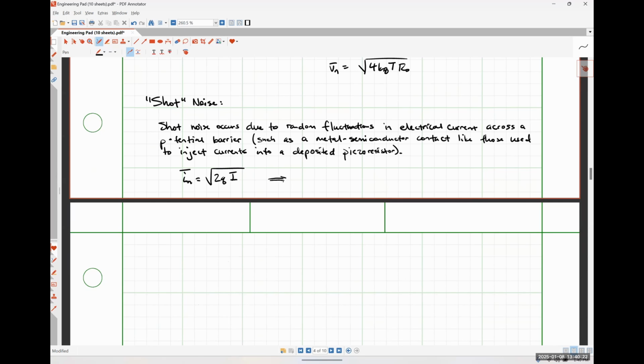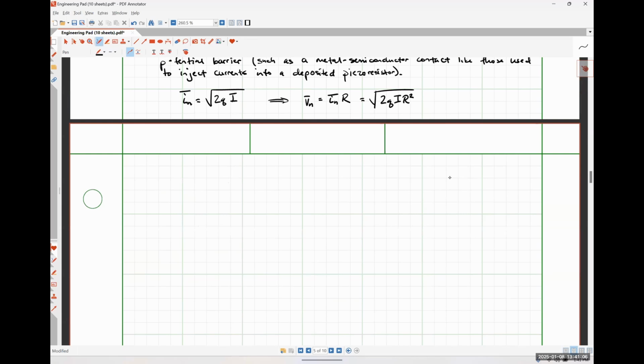And we could turn this into a voltage noise signal by simply saying that our voltage noise spectral density is just our current noise spectral density times our resistor value, or in other words, 2qI times R squared. This shot noise can be greater than thermal noise.